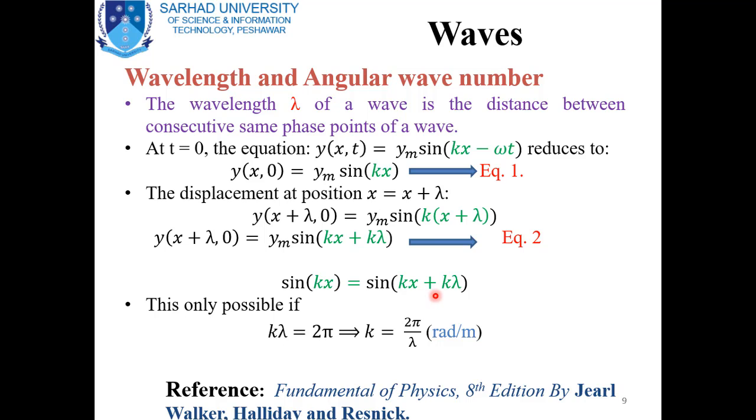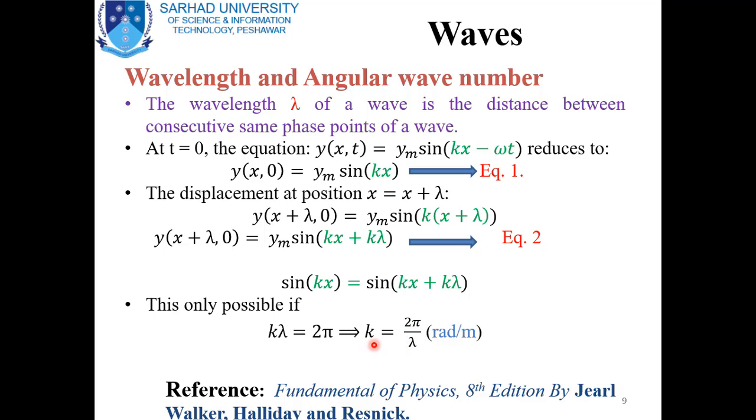Here there is the extra term k lambda, and this equation is only possible if k lambda equals 2 pi radian, and from this we can write k equal to 2 pi by lambda.